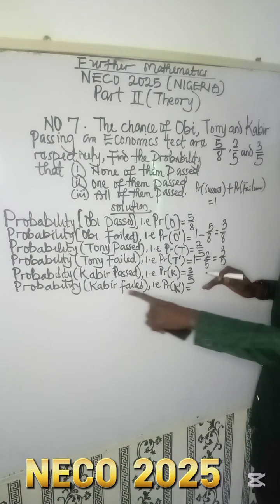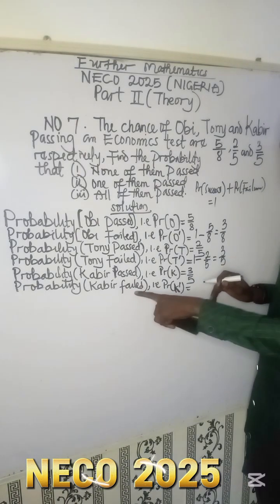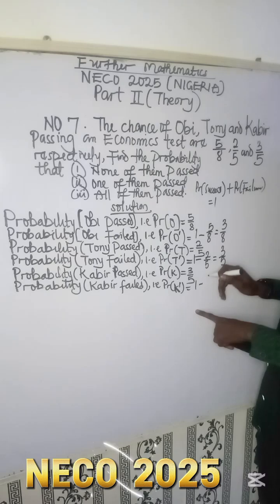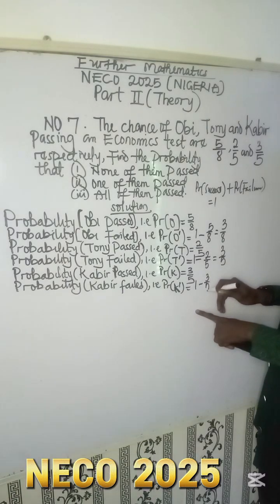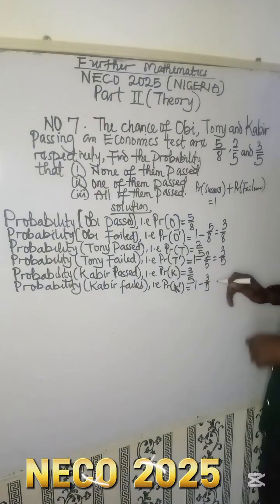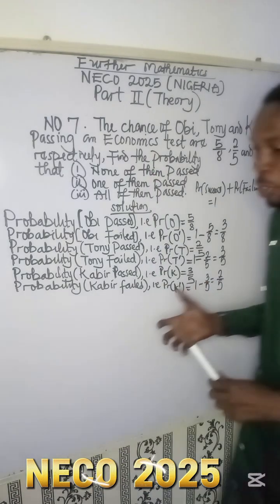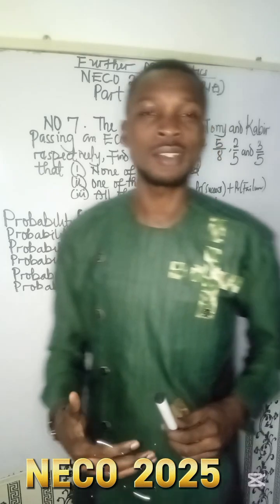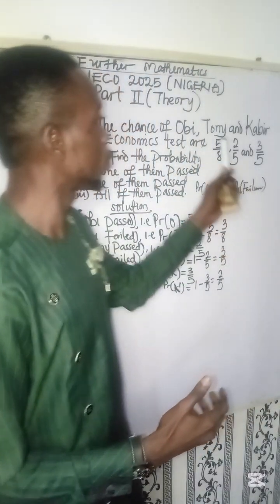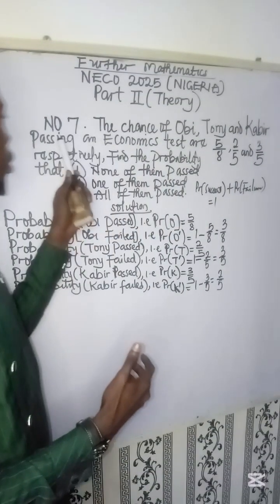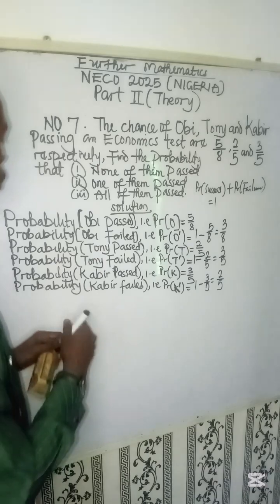This implies that the probability that Kebir will fail will be 1 minus 3 divided by 5, and that will give us 2 divided by 5. So I have been able to find the probability of success and failure of each of the students that sat for the economics test.